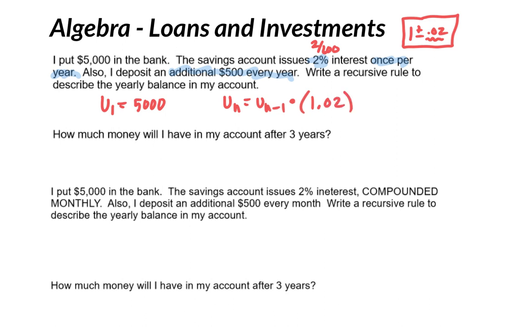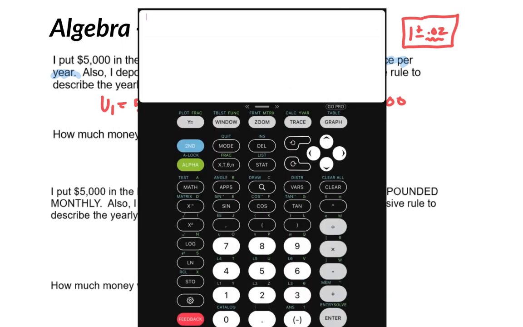But then I'm also adding $500 every year. So you get your interest and you add your 500. We're doing both things, okay? The question now is, how much money do I have after 3 years? Well, let's type this in and see. So we're going to put in that 5,000, hit enter.